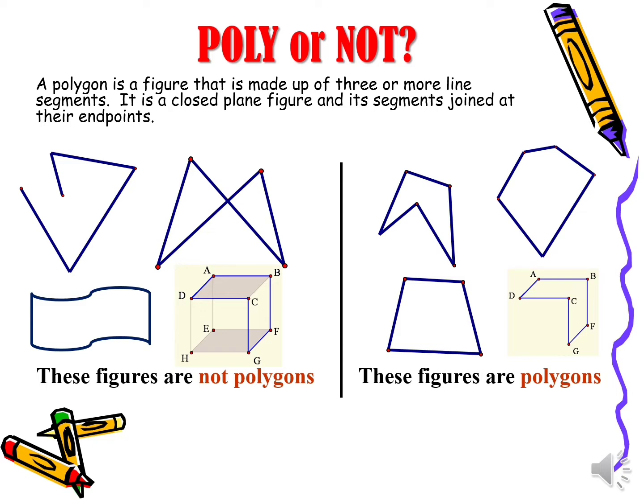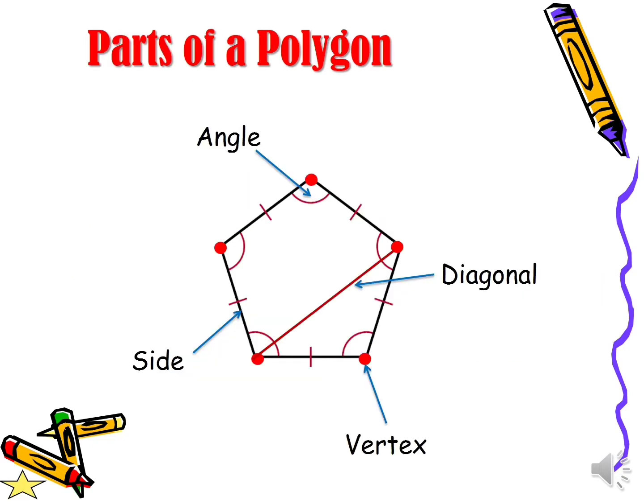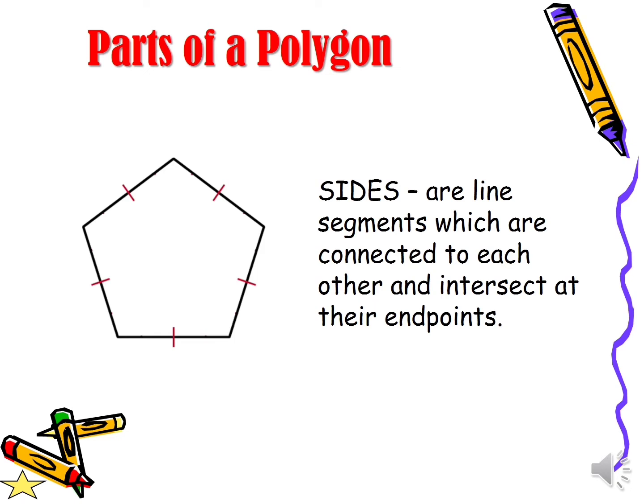We are through with the definition, so let's now take a look at the parts of a polygon. We have here the angle, the side, its diagonal, and the vertex. So ano nga ba ang sides?